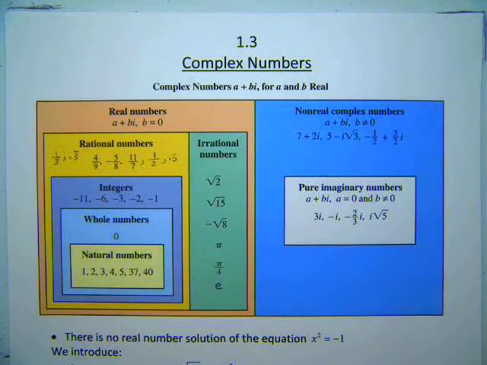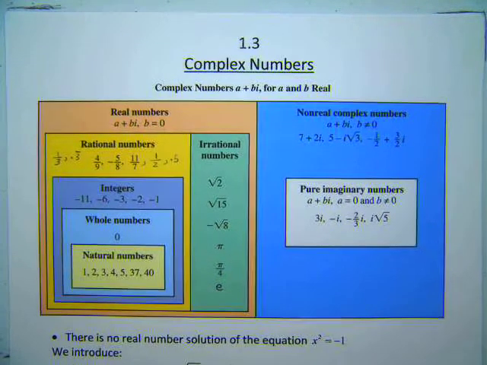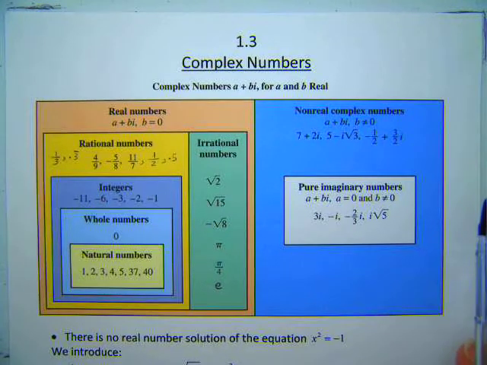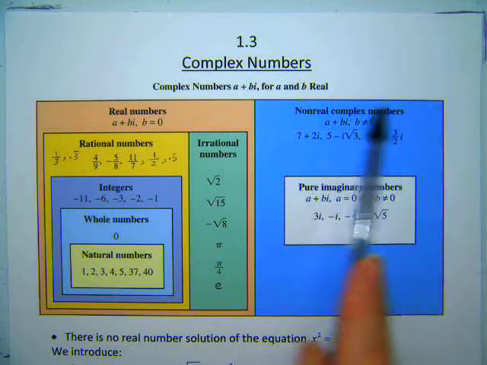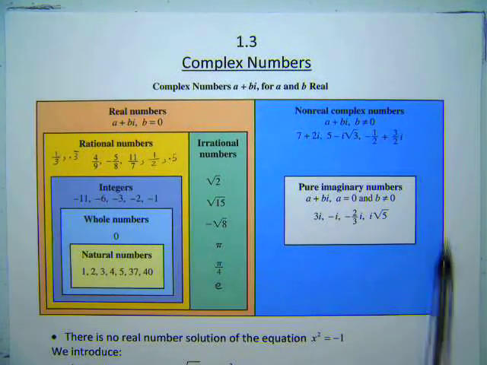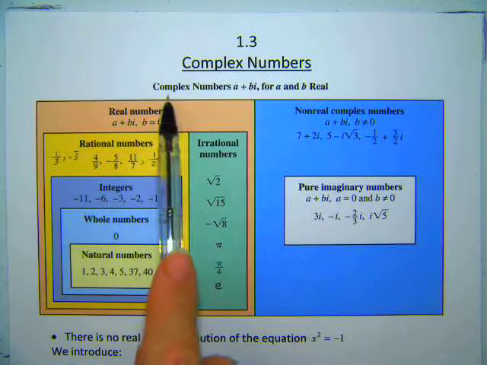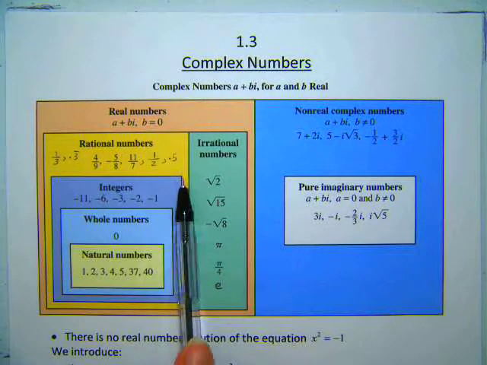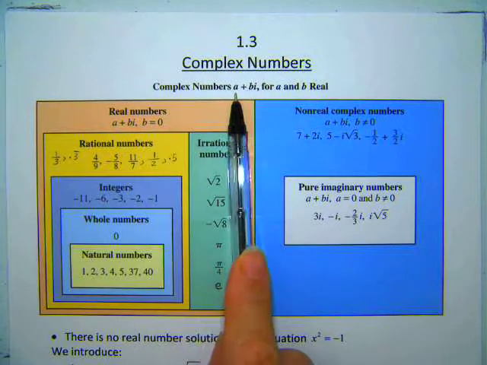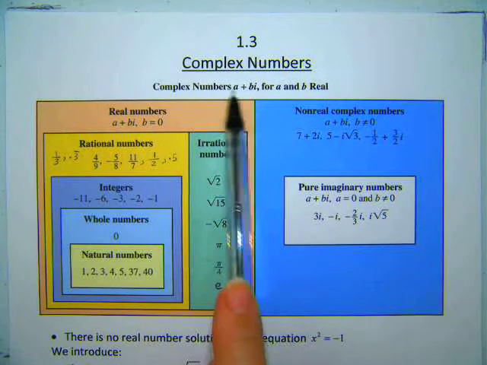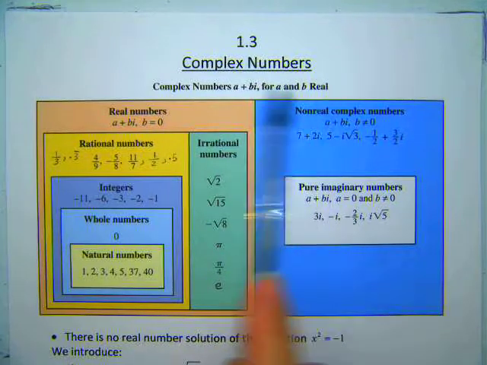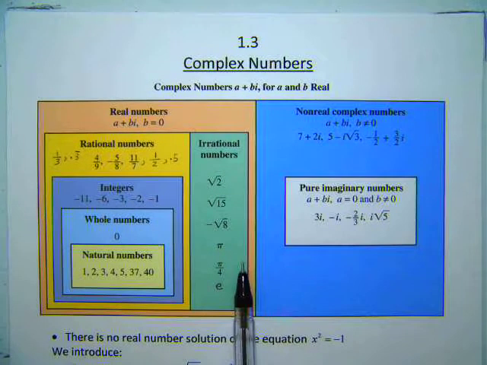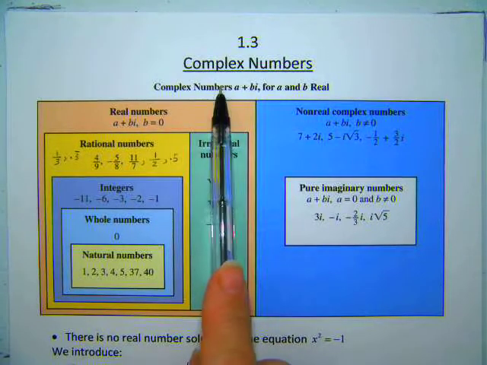And these are a plus bi. So 5 plus 2i, 2 plus 3i, stuff like that. Now, what's so weird about all this is that if you put all these together, this is the whole thing. Even the real numbers are called complex numbers. Again, complex numbers, a plus bi, where a and b are real numbers. So the real numbers are actually complex numbers, but they're a special case.